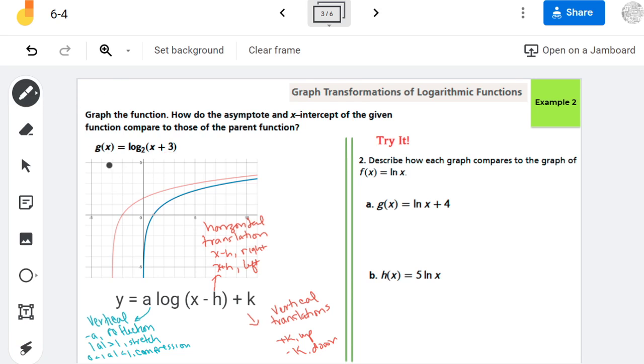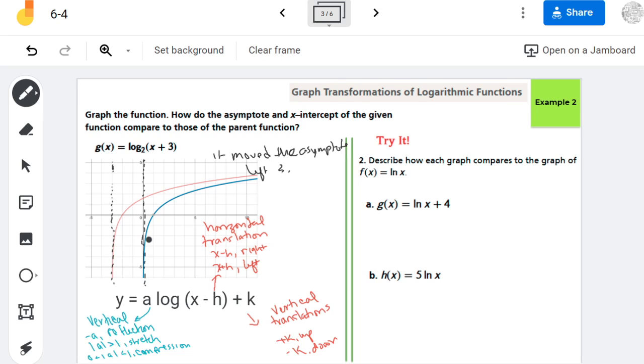And so you could kind of see if I draw in my asymptotes. Here's the one for my new function. And the asymptote for my parent function is at x equals 0. So you could see that it moved the asymptote left by 3, which kind of makes sense, right?